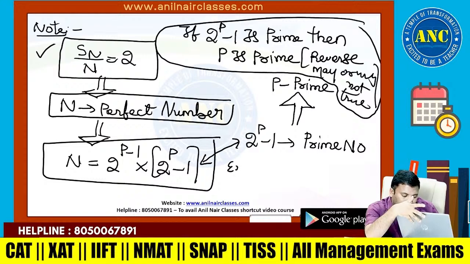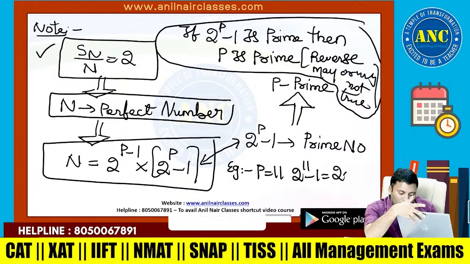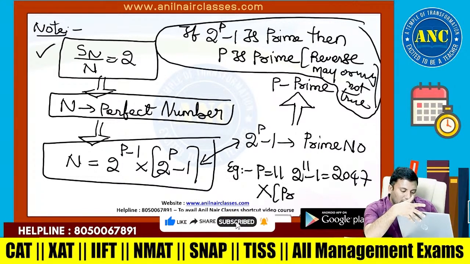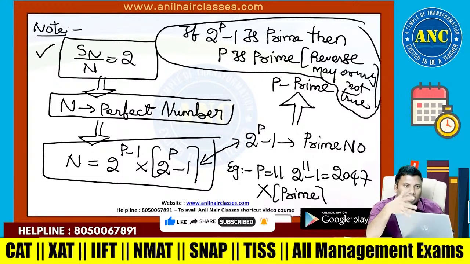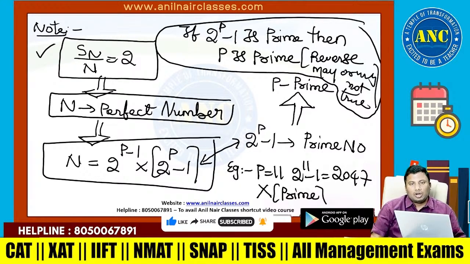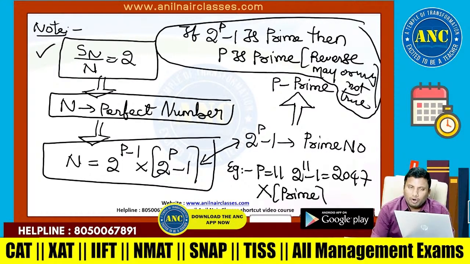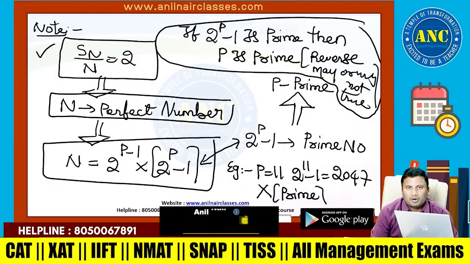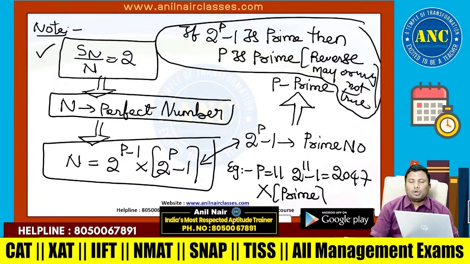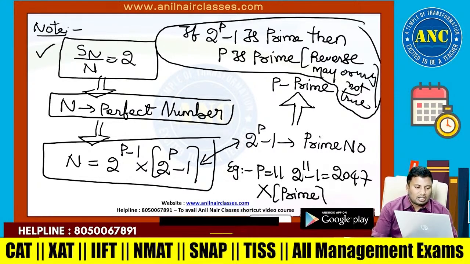Example, if p is 11, 2 power 11 minus 1 is 2047. 2047 is not a prime number. I hope it is clear. If you check it in Wolfram Alpha, you will come to know that 2047 is not a prime number.